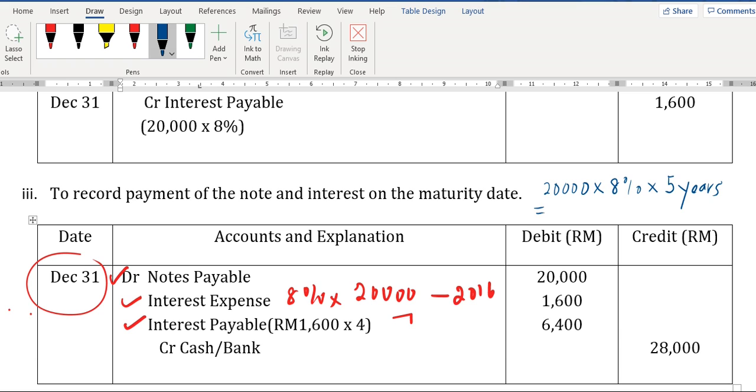So you'll get the amount of 8,000 ringgit. This 8,000 ringgit is in the form of interest expense 1,600 and interest payable 6,400.